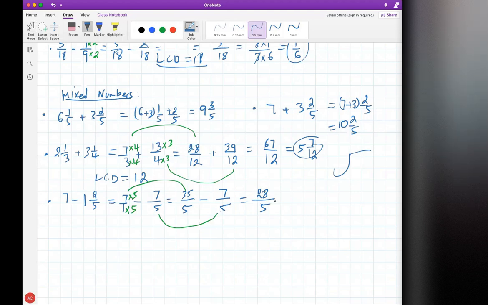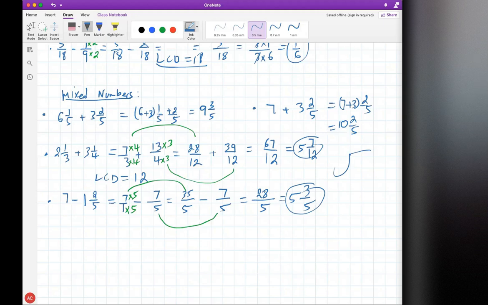So we can write it as a mixed number. 5 into 28: 5 times, and then 3 over 5. That's right. So if you see mixed numbers and subtractions, you need to convert everything.